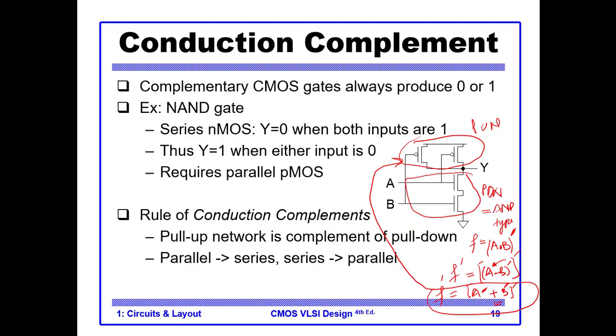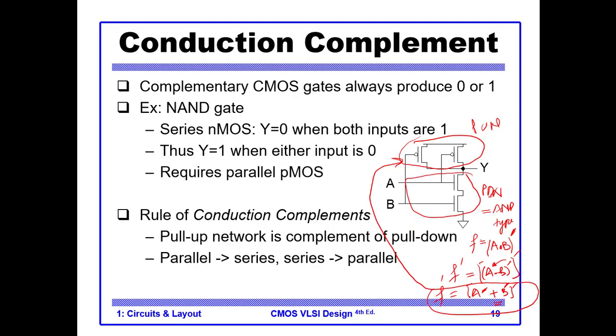So what is the difference between the NOR, which we designed in the previous slide, and this one? In the NOR, the pull down network was OR type or parallel, and the pull up network was N type or series.